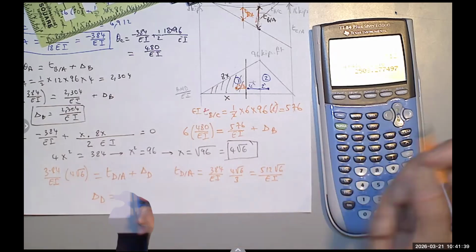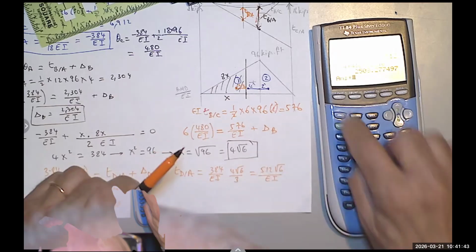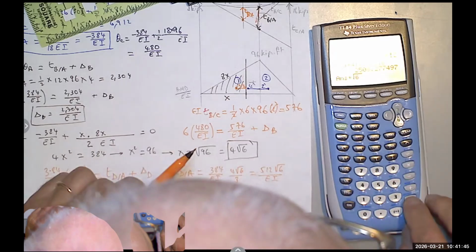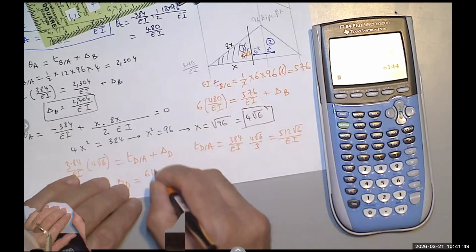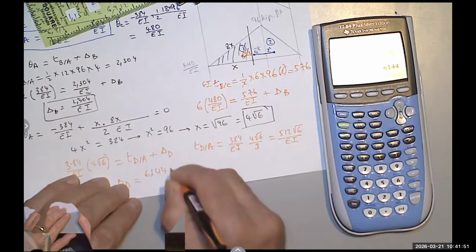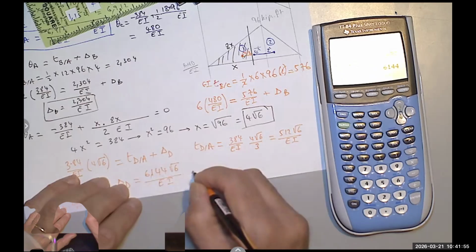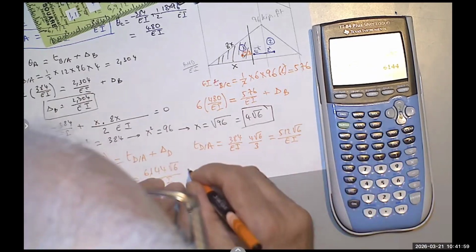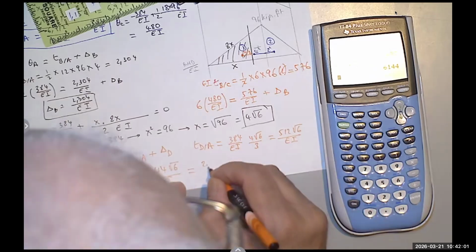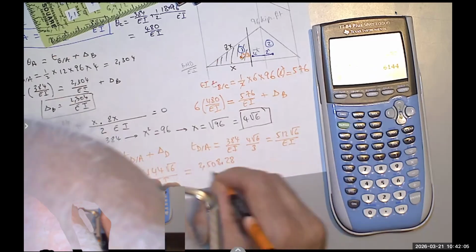Yeah, I mean, that's approximating. Or if we multiply by square root of 6, 6144 square root of 6 over EI, which is 2508.28 over EI.